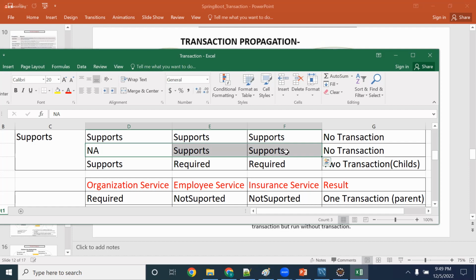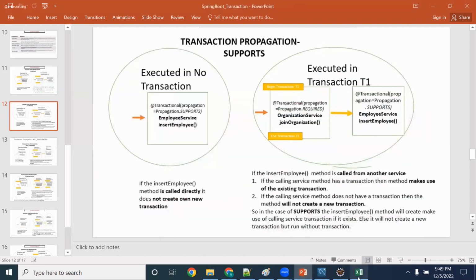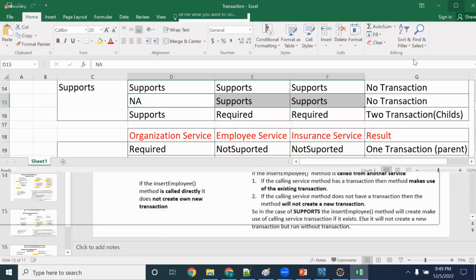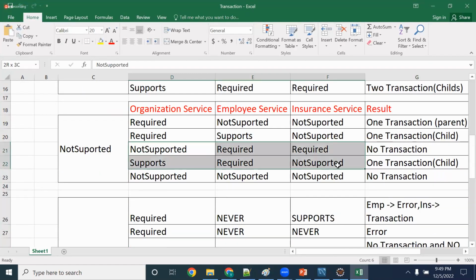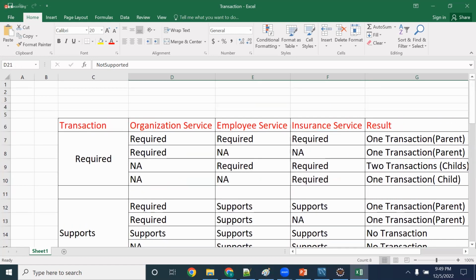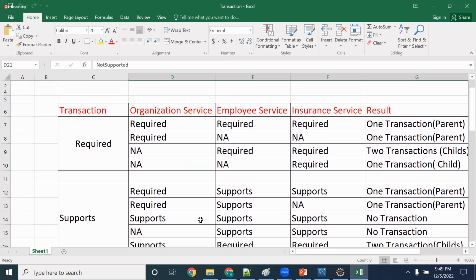So what is the difference between the third one and the fourth one? Which third one? Which fourth one? I didn't understand. The third, where the parent is having any and supports, both the child is having... In case of supports, the third and fourth, there is no transaction.